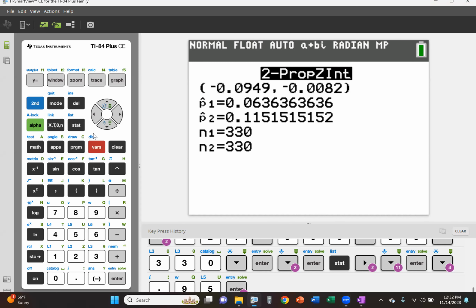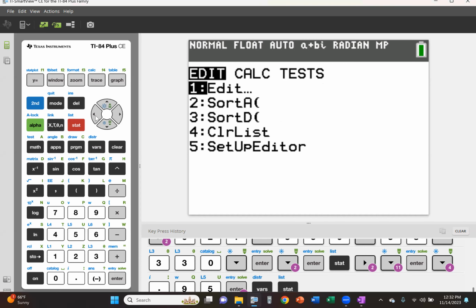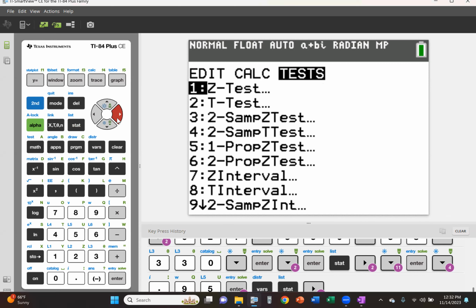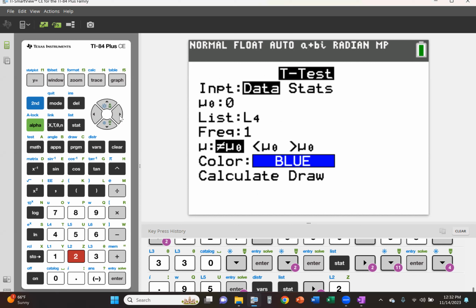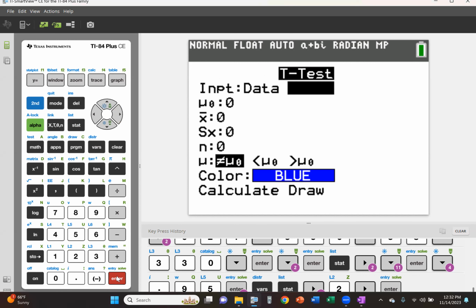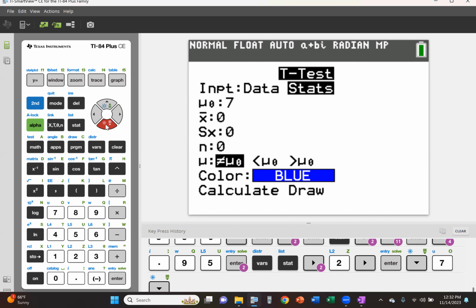Okay, so we're going to go stat, tests. Going to do a t-test number 2 on our statistics. The average wait was 7, but for our sample, we had an average wait time of 8 hours and a standard deviation of 2, and we sampled 12 patients.